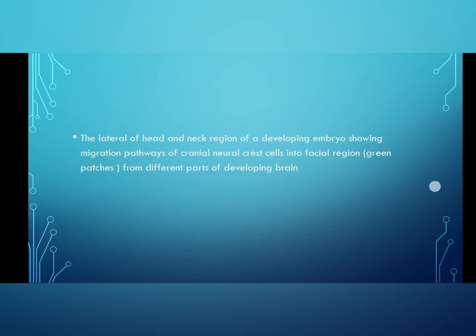Lateral view of the head and neck region of a developing embryo showing migration pathways of cranial neural crest cells into the facial region from different parts of the developing brain.